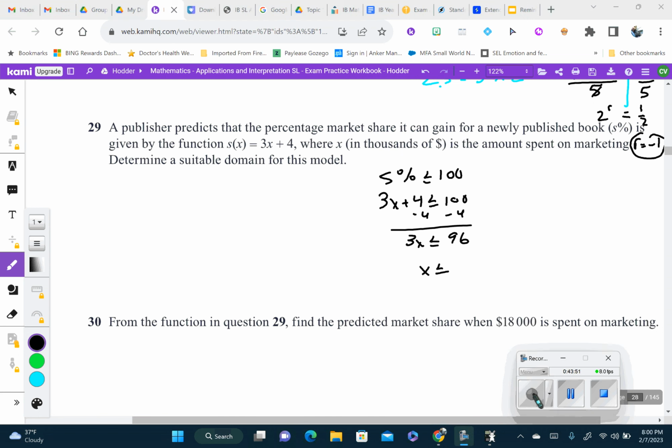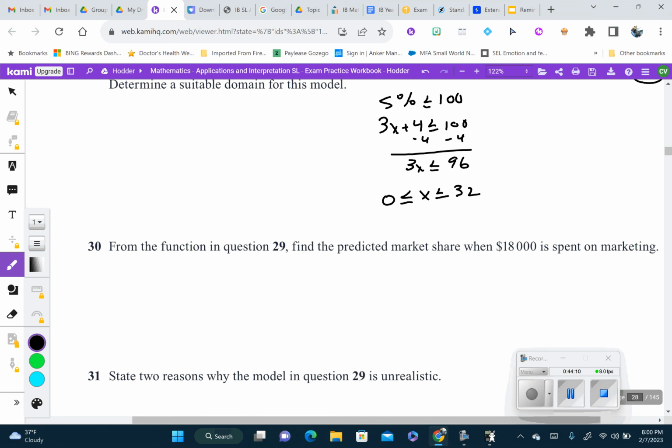There's also a restriction or a suitable domain because you can't get below 0, right? So x, which is our thousands of dollars, is going to fall between 0 and 32. From this function, you find the predicted market share when 18,000. So this is where x is equal to 18, right?